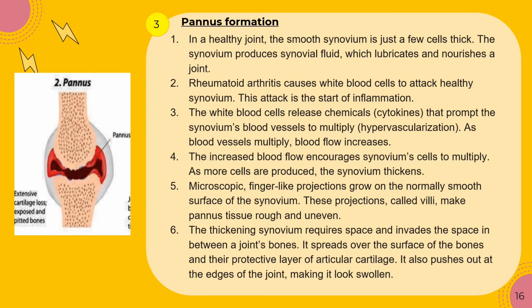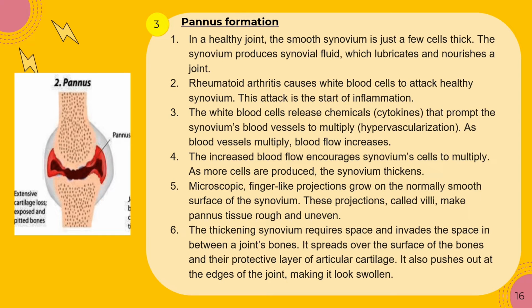The white blood cells then release chemicals, known as cytokines, that induce the synovium's blood vessels to multiply, which we call hypervascularization. As blood vessels multiply, blood flow increases. The increased blood flow encourages synovium cells to multiply.